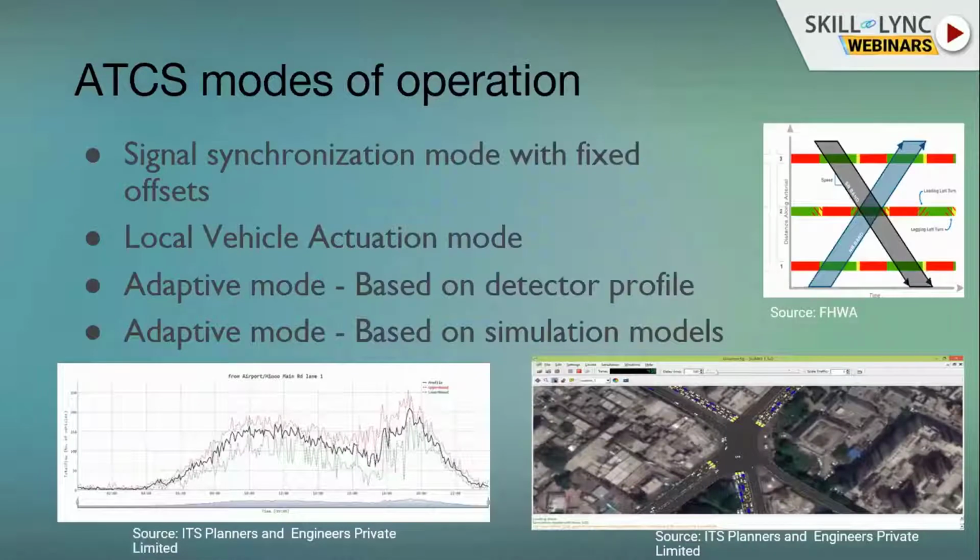So in this adaptive traffic control system, what are the various modes of operation, how can you operate it? As I've mentioned before, you can synchronize the junctions. Let's say you see 2 traffic signals which are 500 meters apart.